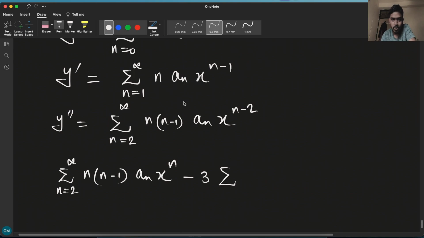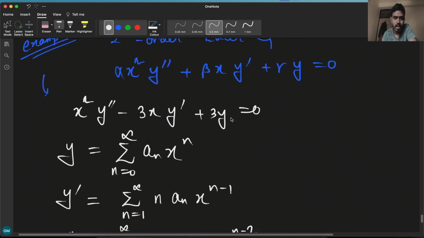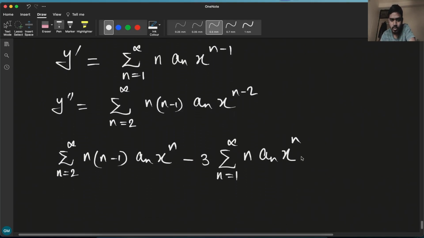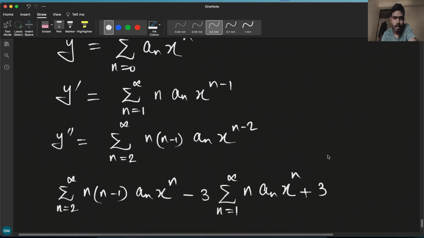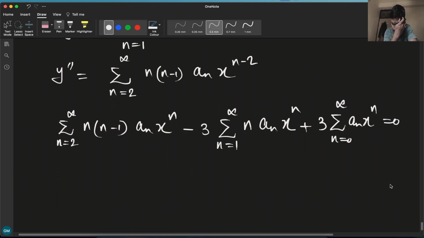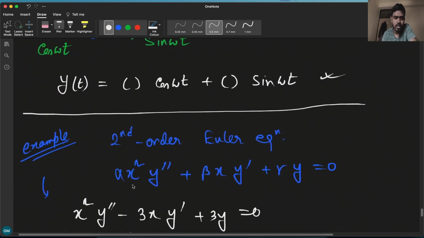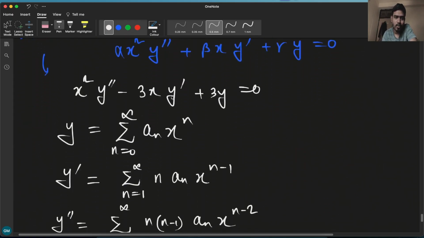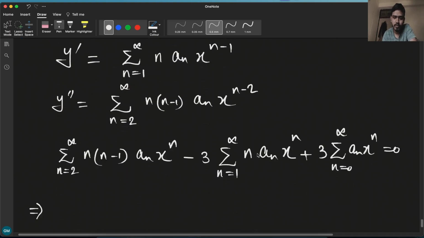If I multiply with x, then it will be n equals 1 to infinity n an x to the power n, and then we have 3y, which is plus 3 sum over n equals 0 to infinity an x to the power n equals 0. I am just writing this differential equation, replacing y dash and y double dash with this series.